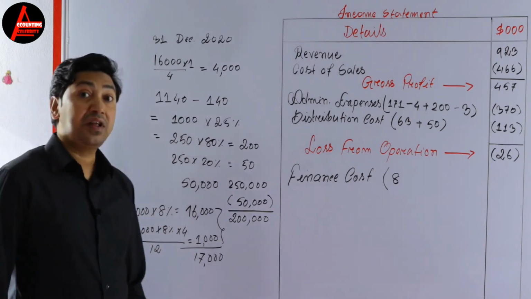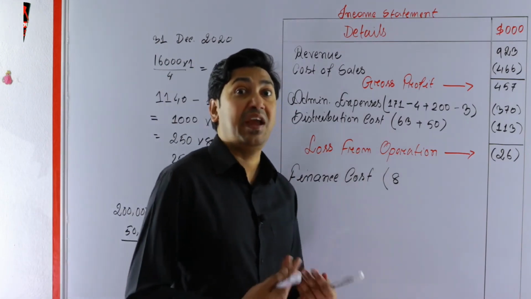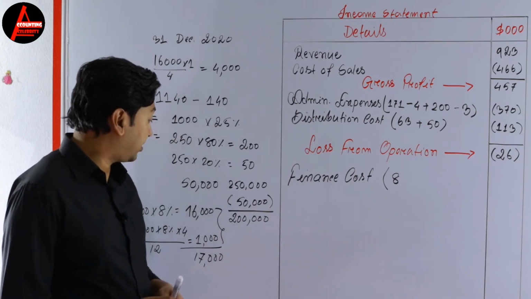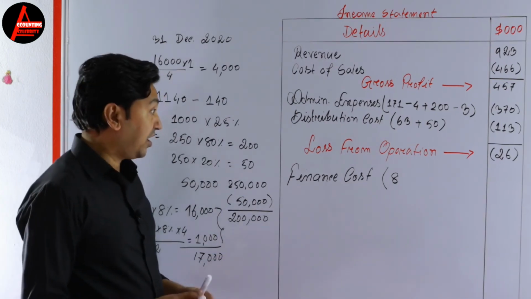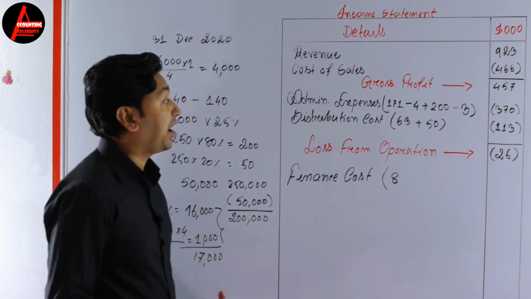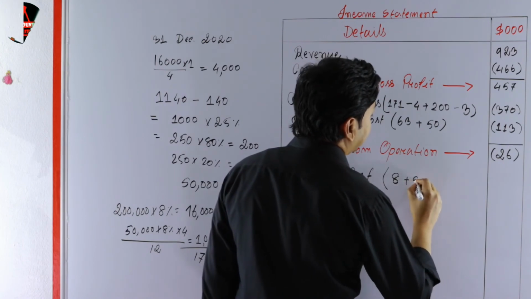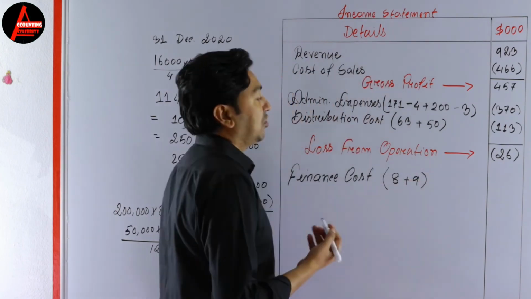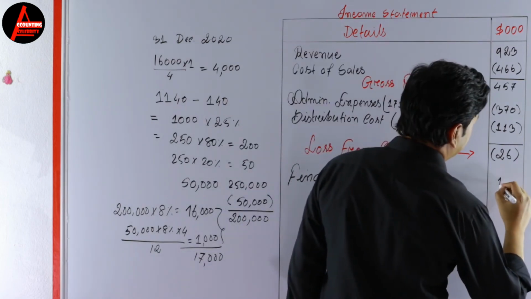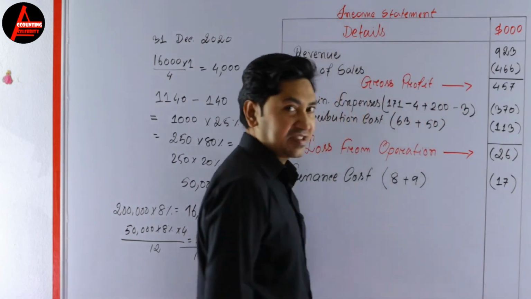From this $17,000, already $8,000 is paid. So how much is left? $17,000 minus $8,000 equals $9,000. This $9,000 is not paid. It is an unpaid amount. So we have to add this $9,000 now. If we add, we get $17,000. So this is another expense, finance cost.